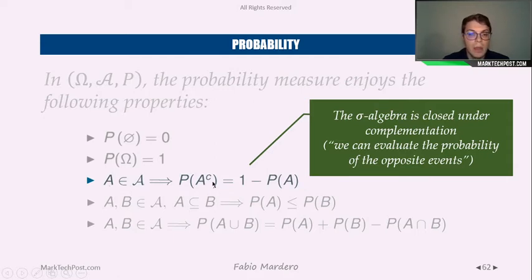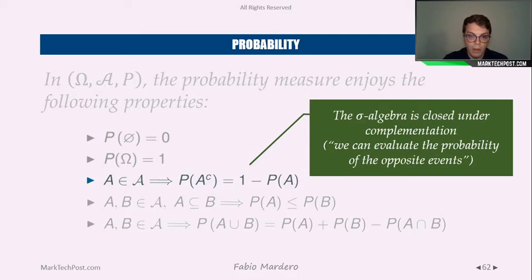Of course we can compute the probability of this event, but since the measure is defined on a sigma algebra, and the sigma algebra is closed under complementation, the complementary event A complement is inside the sigma algebra, so we can compute the probability of it, and we can show that the probability of the opposite event, the complementary event of A, is equal to 1 minus the probability of the event itself.